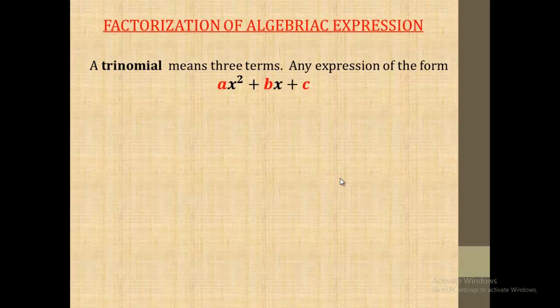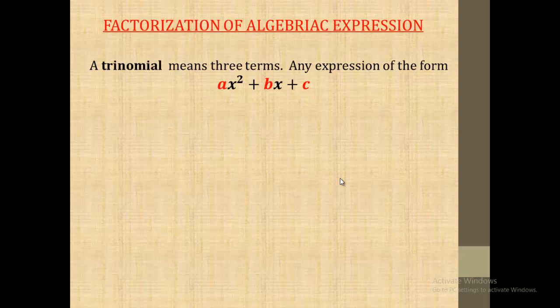Now when you have any trinomial quadratic in this format, what does it mean? We are looking at three terms because of the plus and minus. So we have ax squared being one term, bx being a second term, and c being a third term.